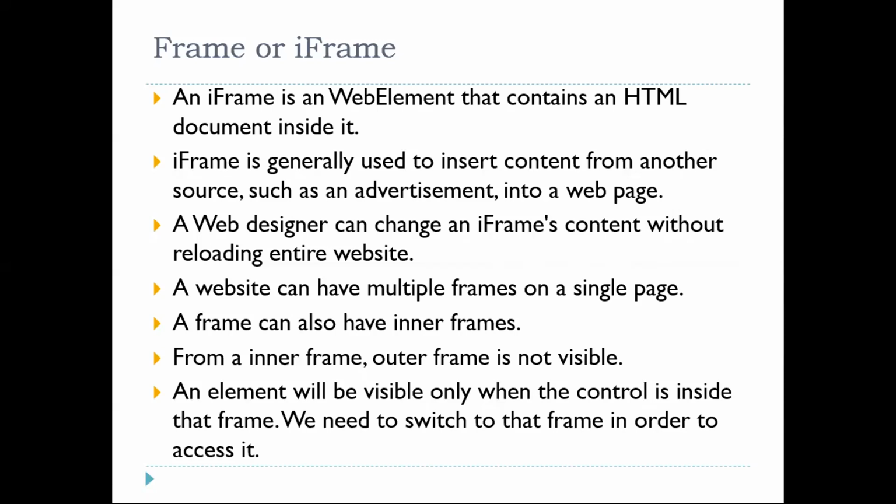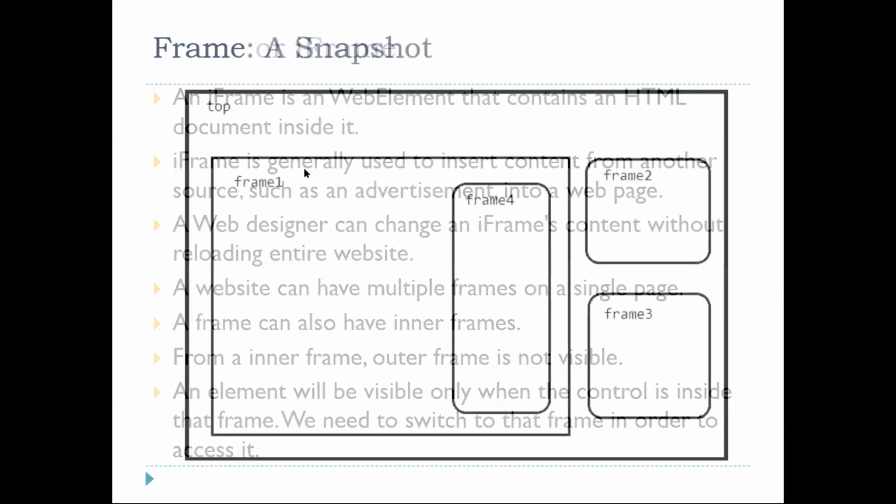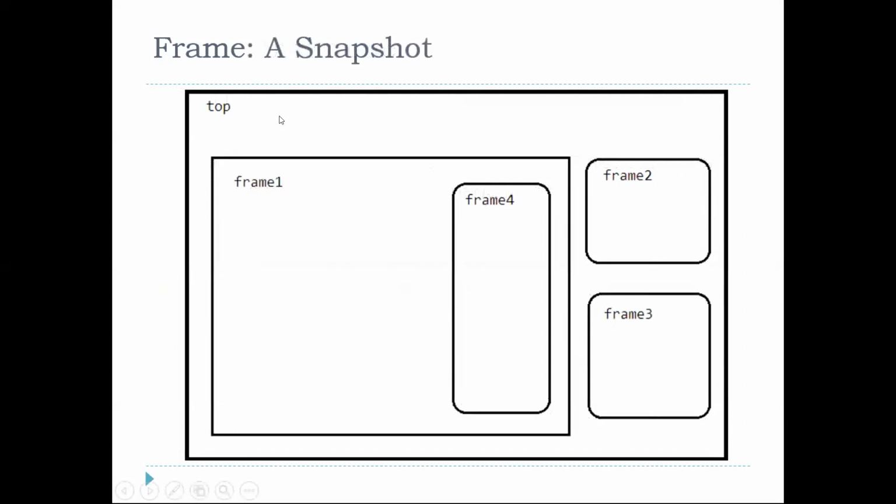Let's see an example here, a snapshot of frames. In this one, how many frames do we have? 4, 5. And the top frame is here, but the top frame is in general not counted, so you can just ignore it. From that top frame, how many frames are visible?